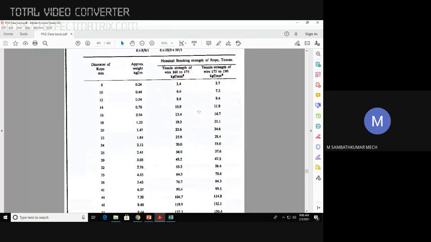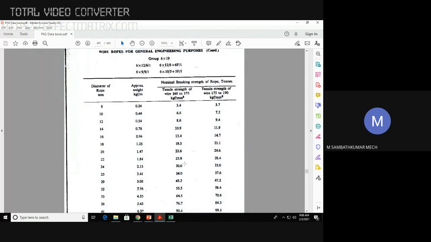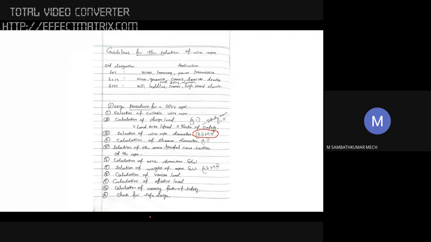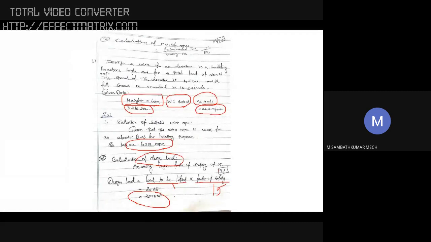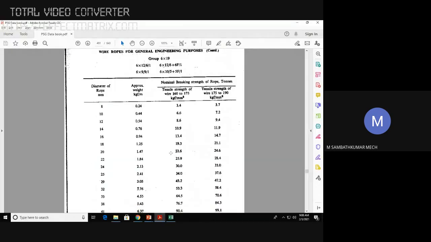In this page, your design load is 300 kilonewton, so the rope will withstand this much load. Here the design load we normally call the nominal breaking strength, or generally breaking strength. Design load or breaking strength.